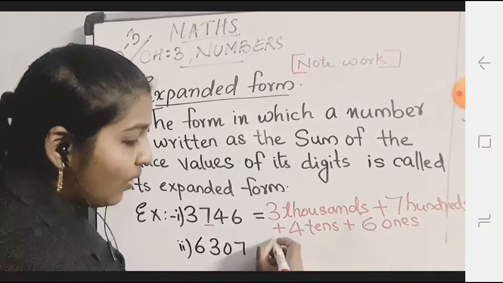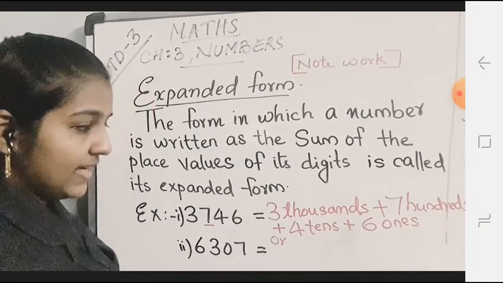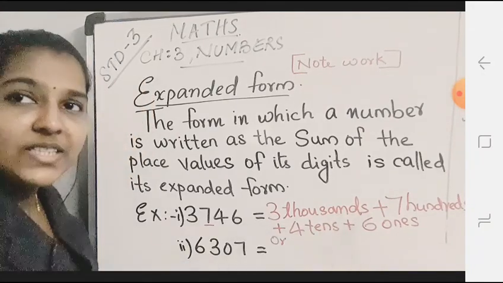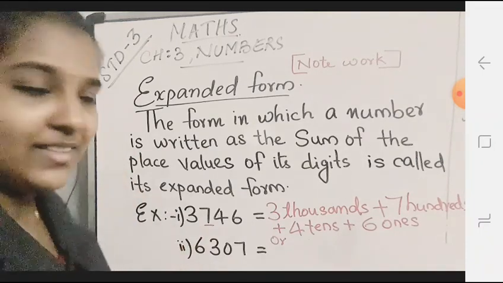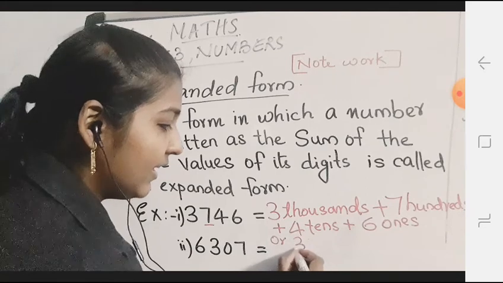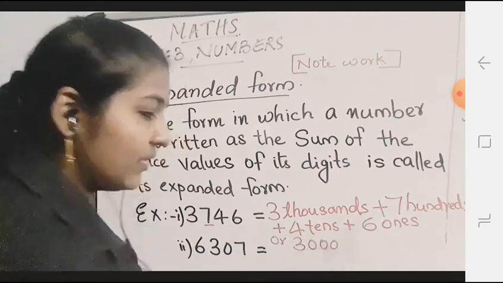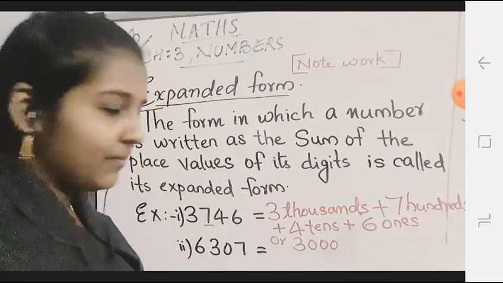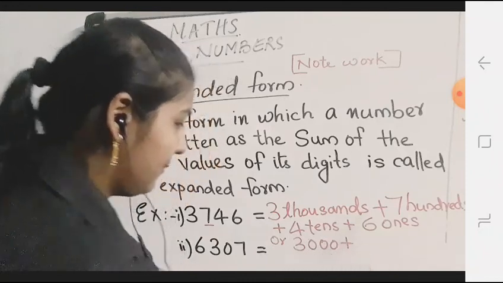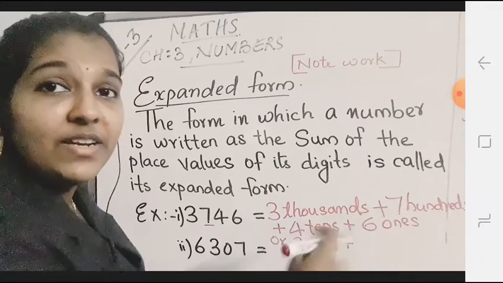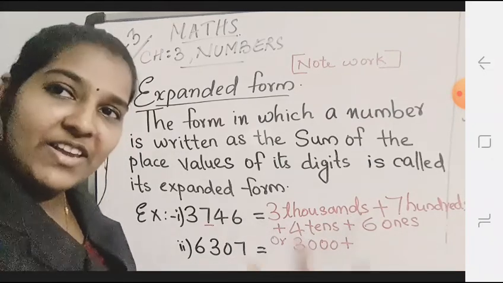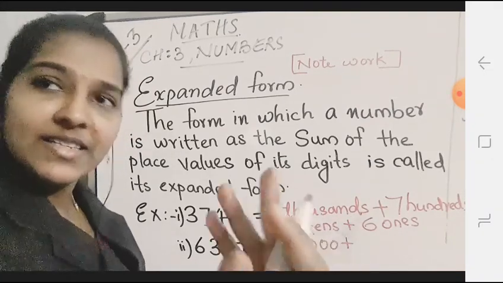Or in another way we can write it as 3,000s. 3,000s are 3,000. Now plus 700s. 700s are 700. 7 into 100, 700.